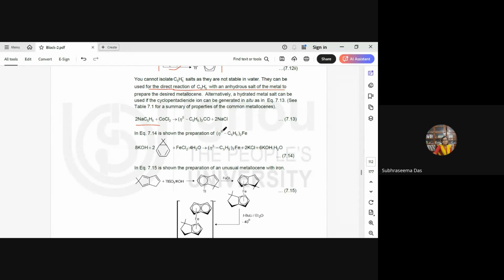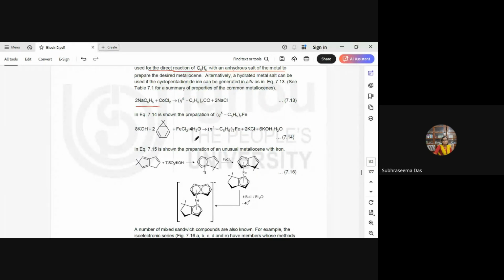From this reaction, we see NaCl and the cobalt Cp complex. In equation 7.14, the preparation of iron bis(C5H5) is shown. So this is how we can also use the metal salt solution directly and react it to form the respective metallocene.